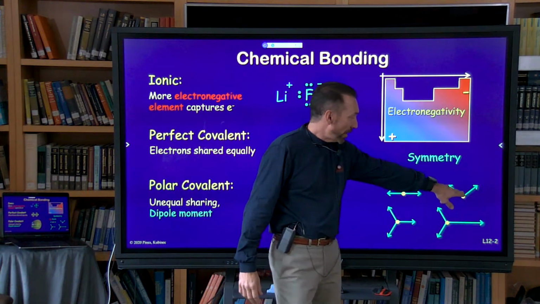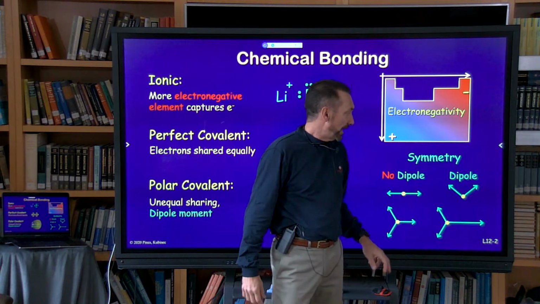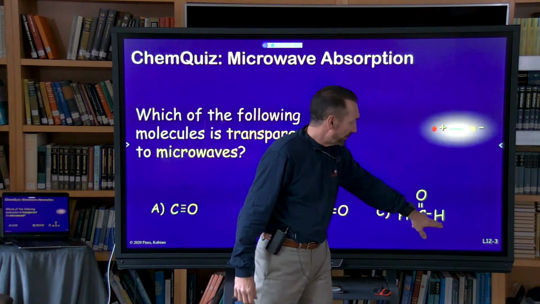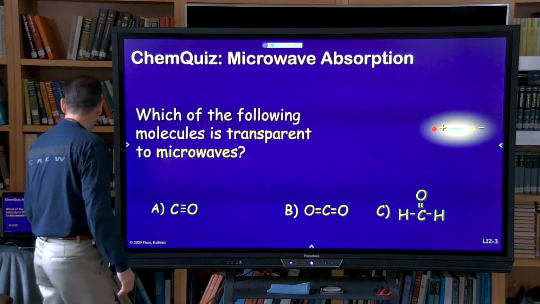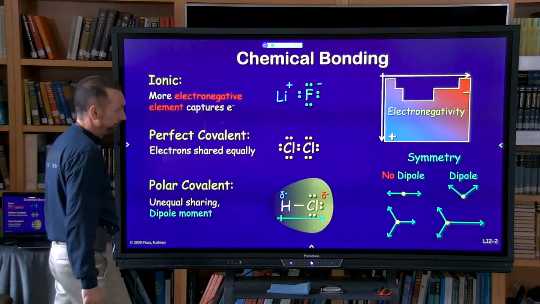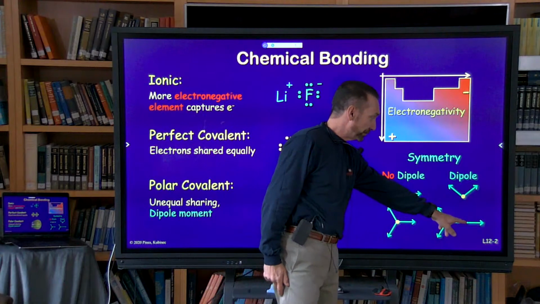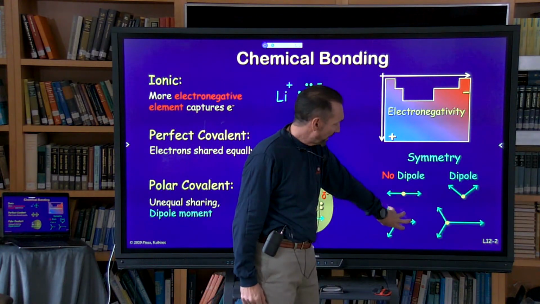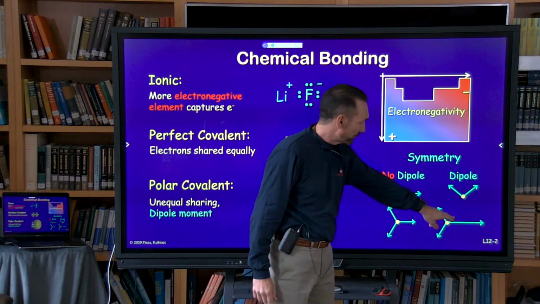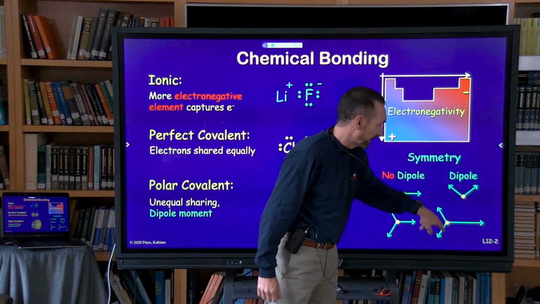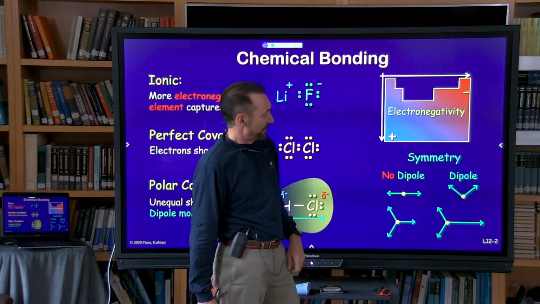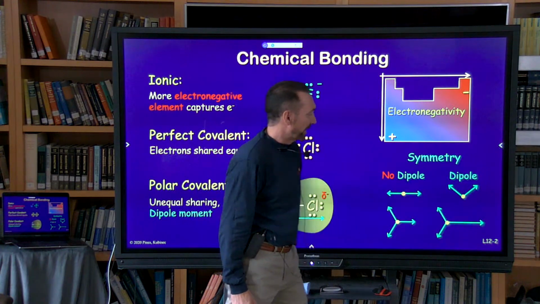Asymmetry, this is the water situation, gives you the dipole back. Okay, so different magnitude, same arrangement of the atoms, same arrangement of dipoles, but different magnitude. So a bigger electronegativity difference there, causing a total dipole there.